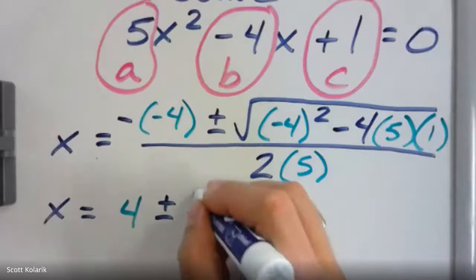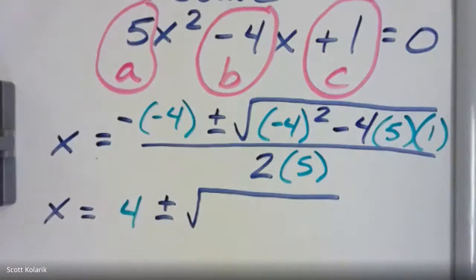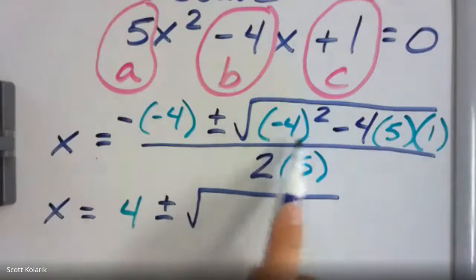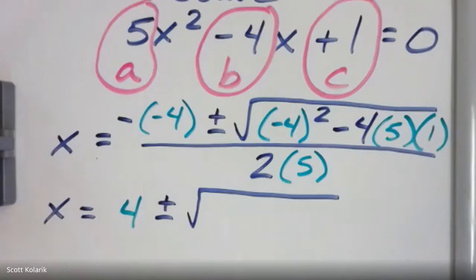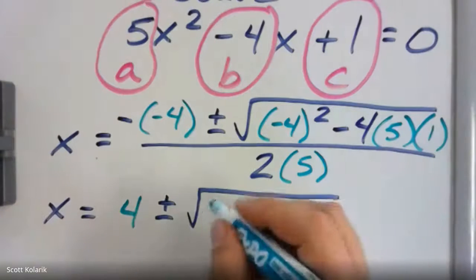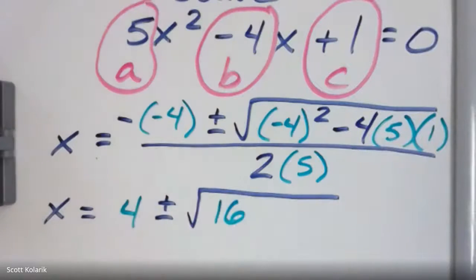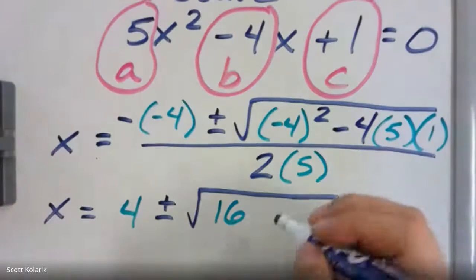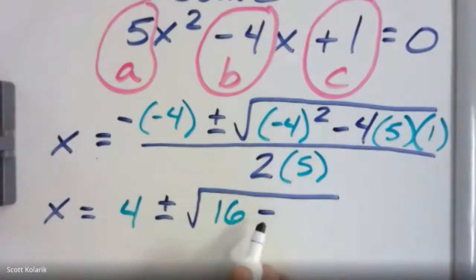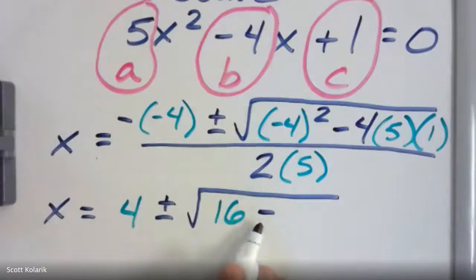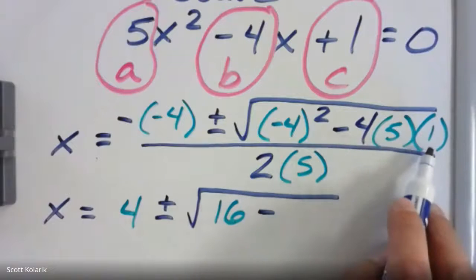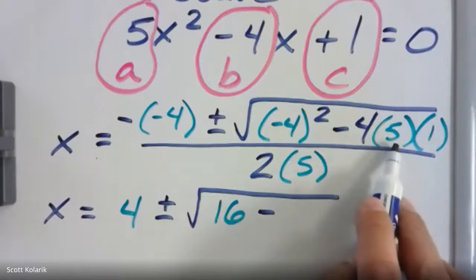Let me simplify what's underneath the radical here. So I would start with the b squared, which is -4 squared, or -4 times itself. -4 times itself, the negatives will cancel and I'll get +16. I'm going to subtract 4 times a times c, so I always take the time to do that subtraction, that minus sign right there. Now I'm going to do 4 times 5 times 1. 4 times 5 gives me 20.